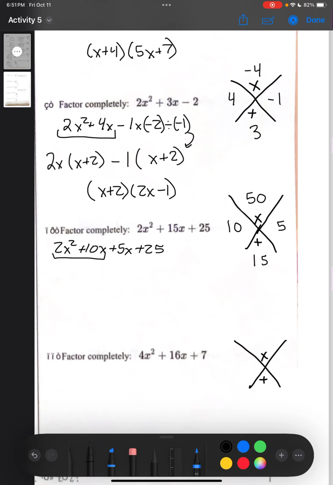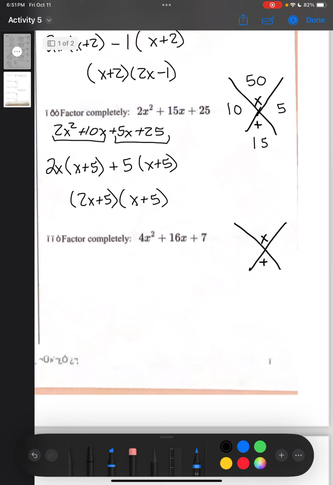Group these together. And we bring out that 2x on this side, x plus 5. Then take out that 5 on the second one. Get to x plus 5. And you should end up with 2x plus 5 times x plus 5.